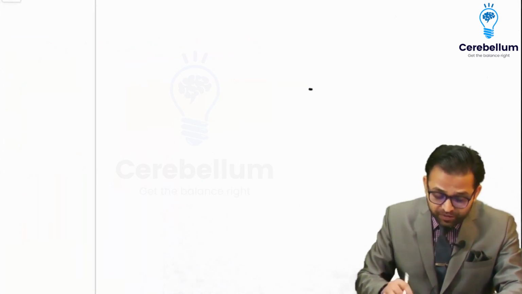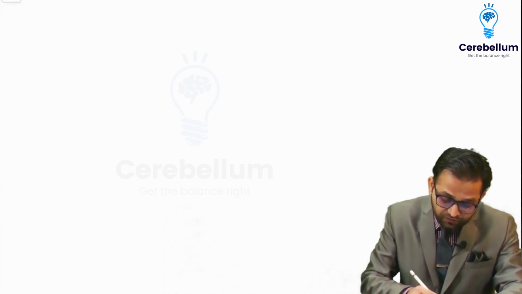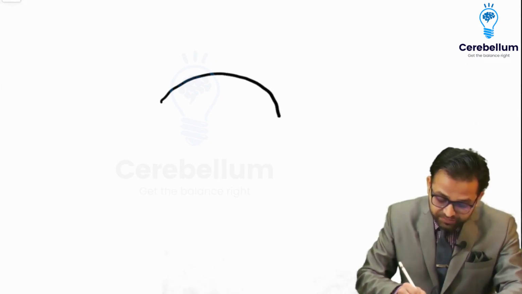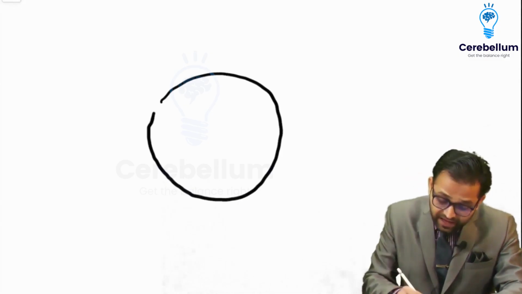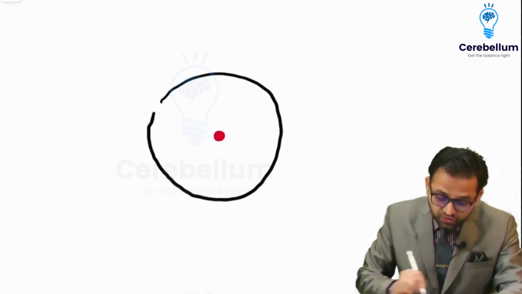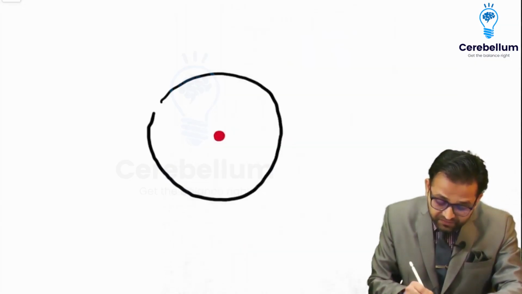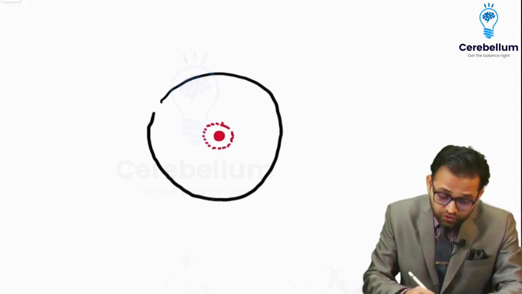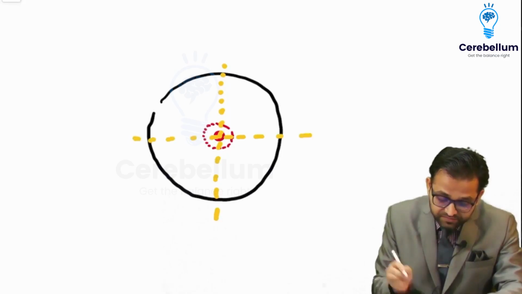For study purposes, you can divide the breast into four quadrants. Suppose this is the breast. It has a conical projection known as the nipple, and around the nipple there is a pigmented area known as the areola. You can divide the breast into four quadrants. Suppose this is the medial side.